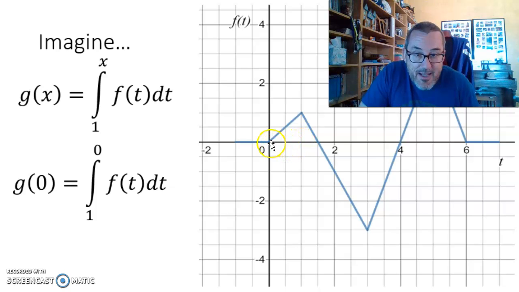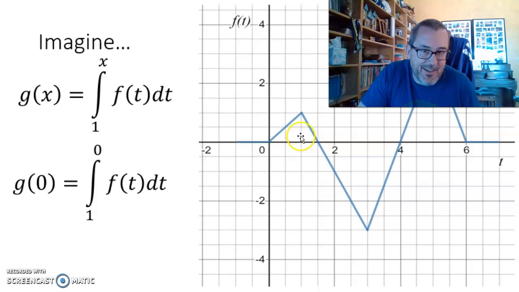We would have accumulated an area equivalent to the area of this triangle right here. But as you just saw previously, if instead we go 1 back to 0, instead of 0 to 1, whatever area we would have accumulated here would be the same number, but opposite in sign. So g of 0, in this case, is going to produce a negative however much area is accumulated in the area of this triangle right here.